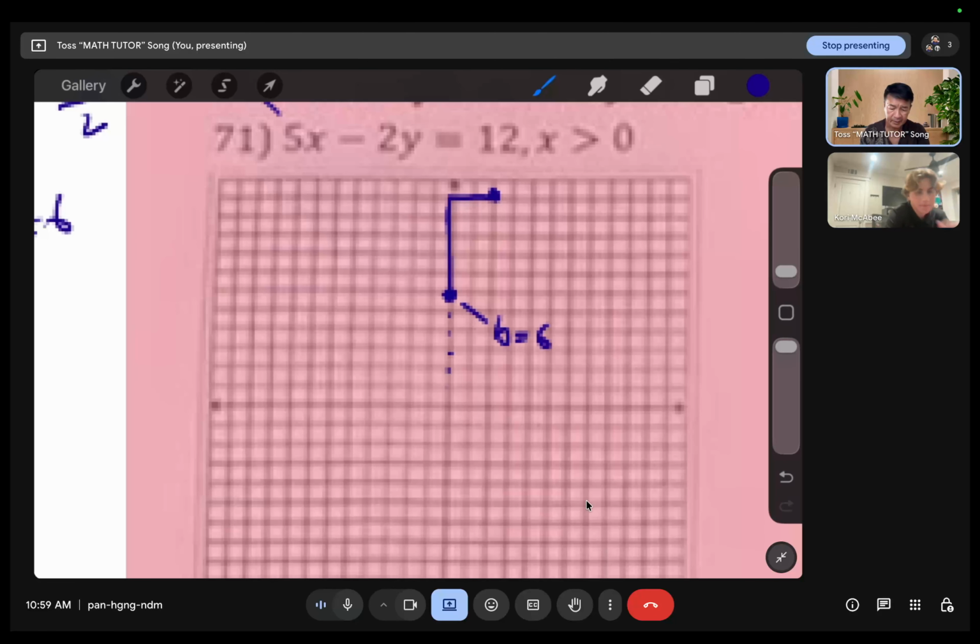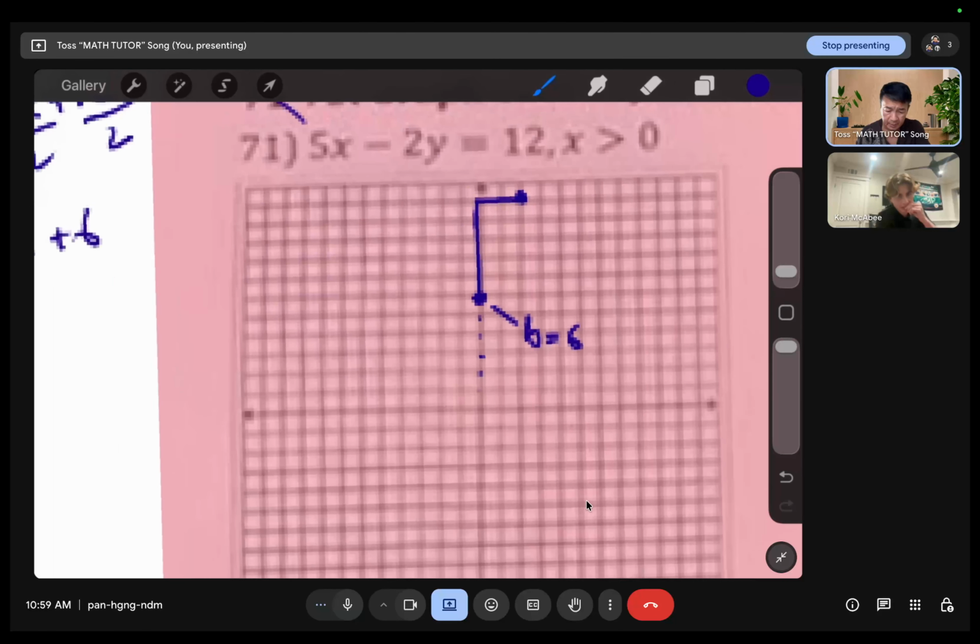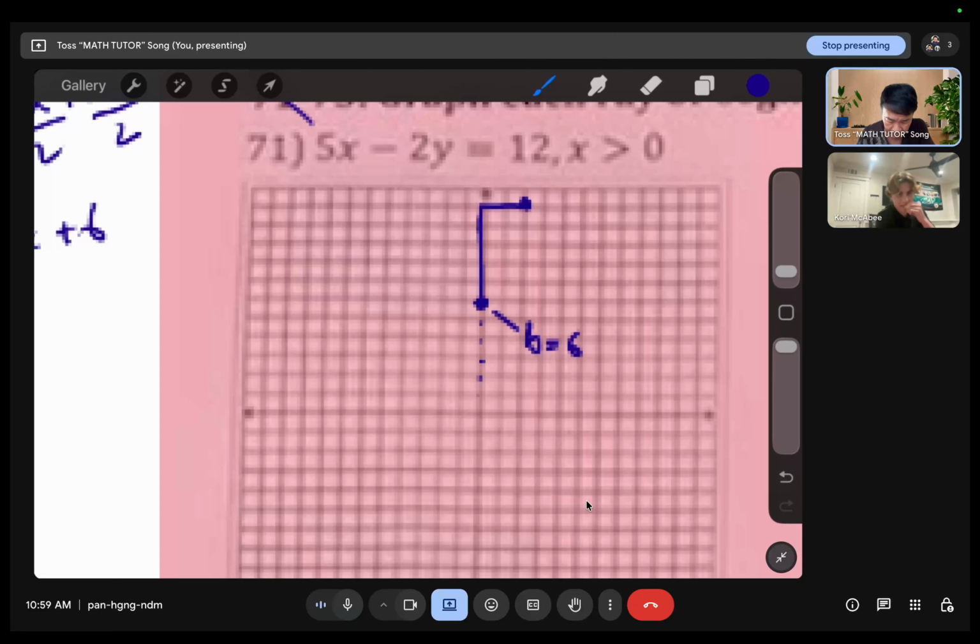Double check. Yeah. Rise 5, and run over 2. That means you're also going to go down 5 and run over 2, so 2 this way first, and then down 5.